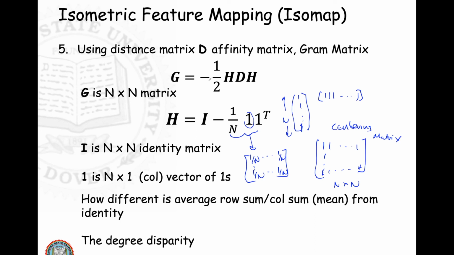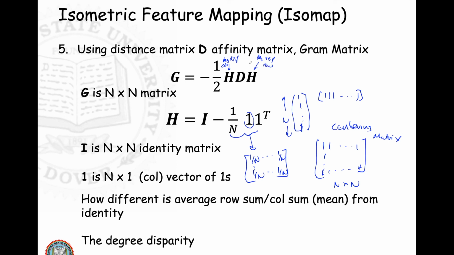So here, you'll notice we have a left multiply for our degree disparity. So that's degree disparity for the columns because we're left multiplying. And here we have degree disparity for the rows.